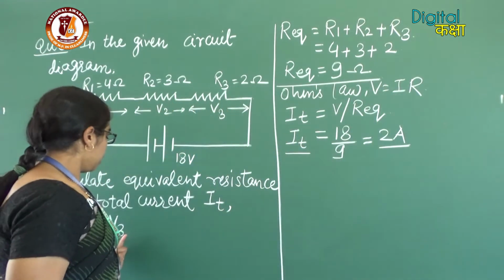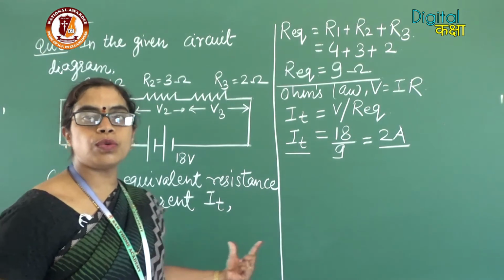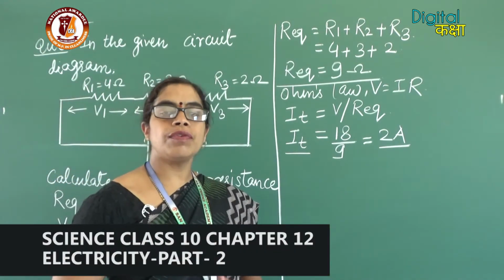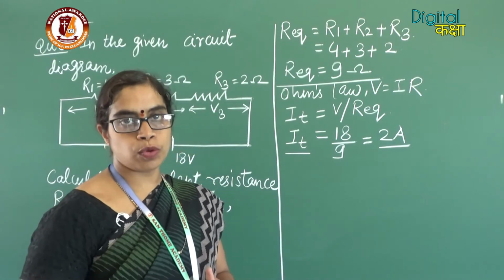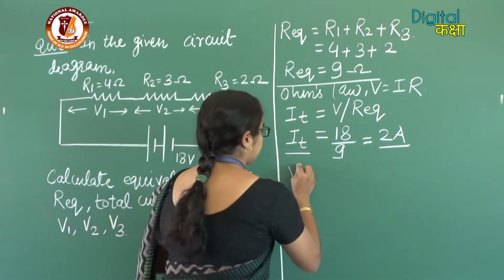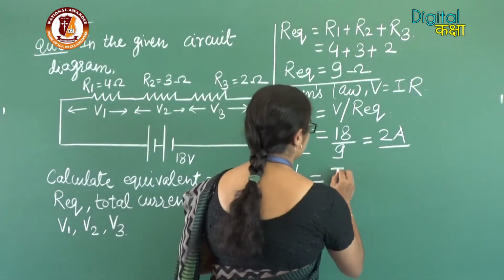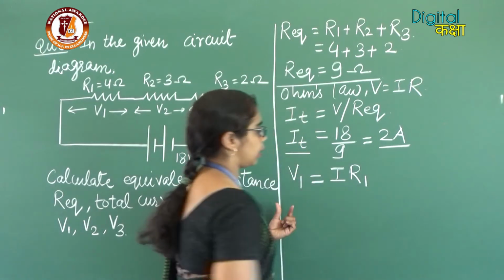Coming to the next part, we have to find out the value of potential difference V1. Here again we will be using the formula by Ohm's law, and using the formula, we can write V1 to be equal to I into R1.